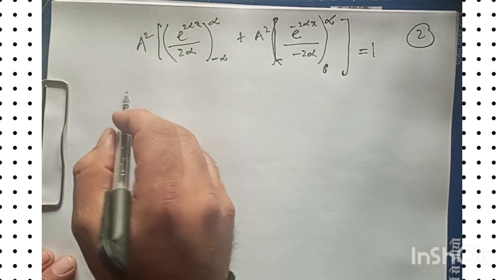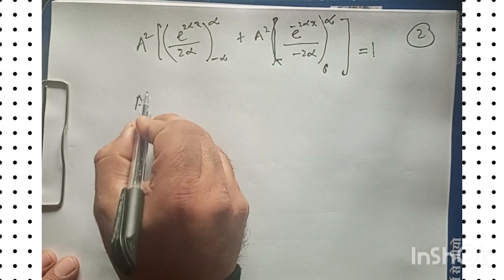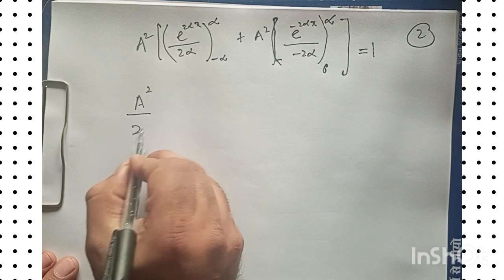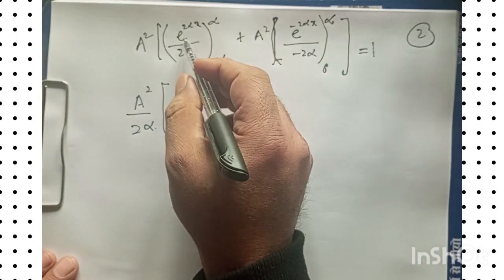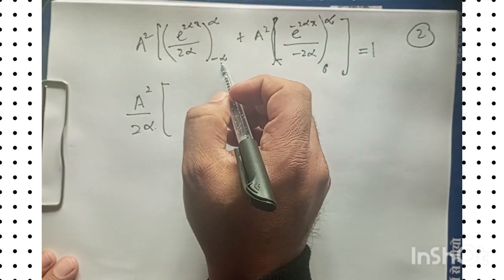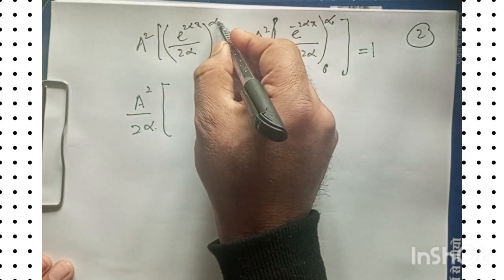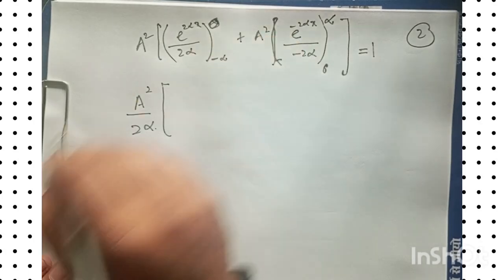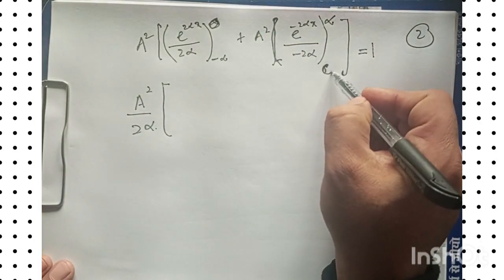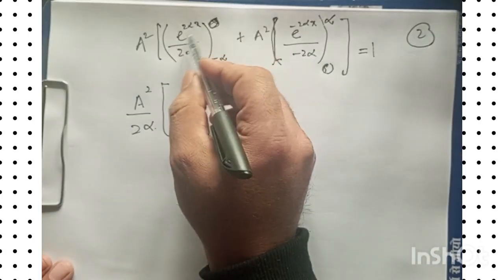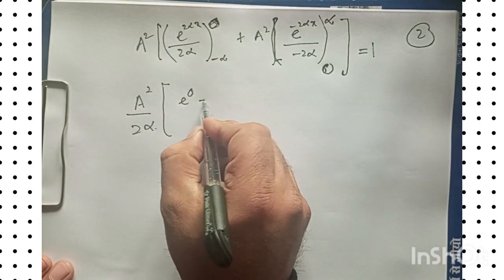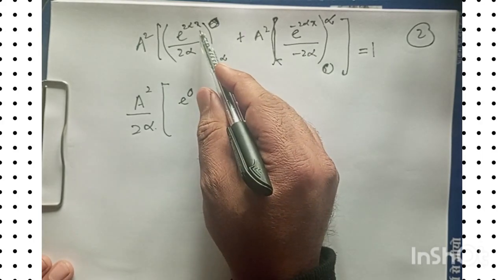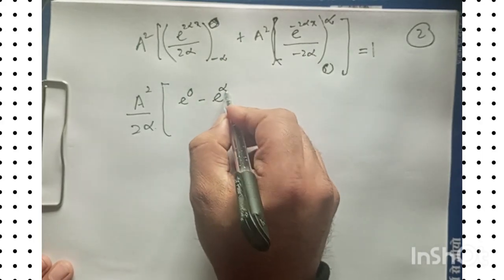Now, we can have a squared by 2 alpha out. For the first part, the limits are minus infinity to 0, and for the second, from 0 to infinity. The upper limit for the first will be e to the power of 0, minus the lower limit, e to the power of minus infinity.